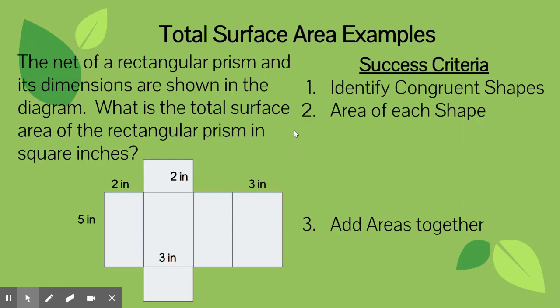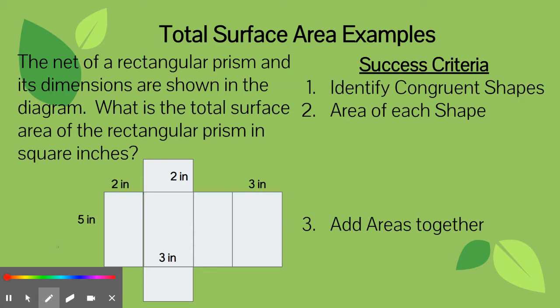Okay, so we're going to do one of each. So we're going to start with a rectangular prism. The net of a rectangular prism and its dimensions are shown in the diagram. What is the total surface area of the rectangular prism in square inches? So I want to see which of these are congruent.